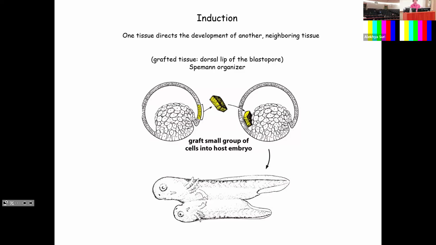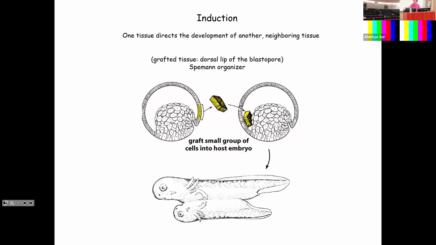And Spemann knew that this portion was very important. It was a source of signals because he had been observing this for a long time. And what he did is he transplanted that and wondered what it would do in a different environment, and put it here. Instead of here, he put it here, okay?